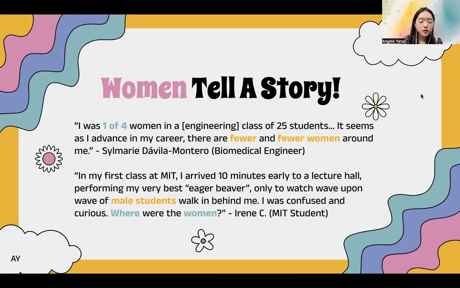The second one is from an MIT student. Irene mentions how in her first class at MIT, there was a huge wave of male students, but very few women. Hearing how these experiences mirror how we often feel in a male dominated field is certainly motivation to get younger girls engaged in the field, especially while they have greater confidence and the potential and free time to explore different avenues.